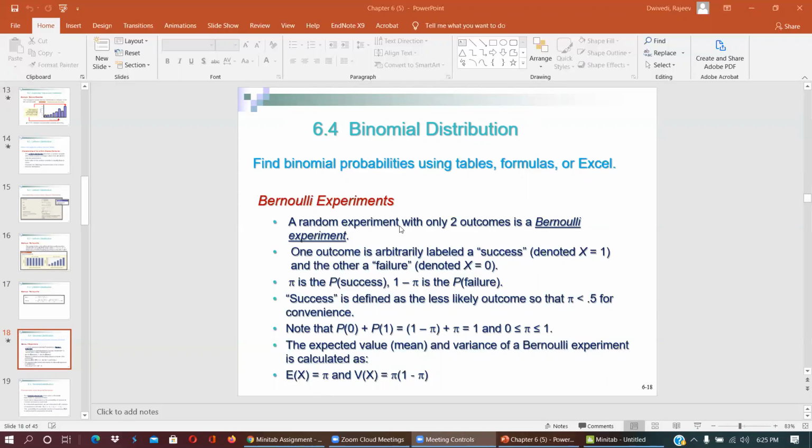A random experiment with only two outcomes is a binomial or Bernoulli experiment. One outcome is labeled as success, another is failure. For example, if we are going to have a class tomorrow with a 60% chance, then what is the chance that the class will not happen? 1 minus 60%, a 40% chance we will not have the class.